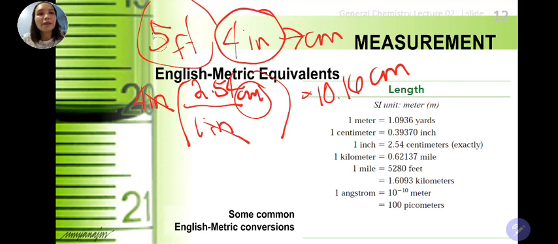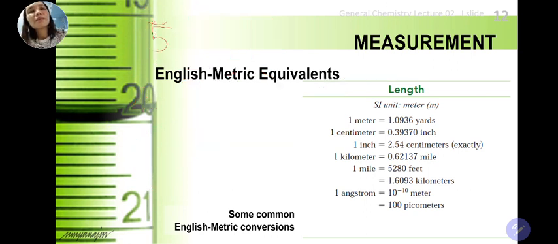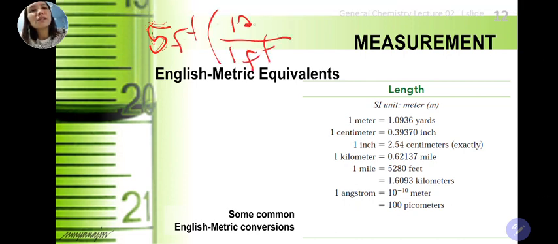Ngayon yung feet mo naman, kailangan i-convert mo rin siya. So, yung 5 feet mo, i-convert mo muna siya to inches. Or pwede mo rin gawin, unahin mo muna to, para sabay-sabay na sila. So, 5 feet to inches. 5 feet, 1 foot is equal to 12 inches.